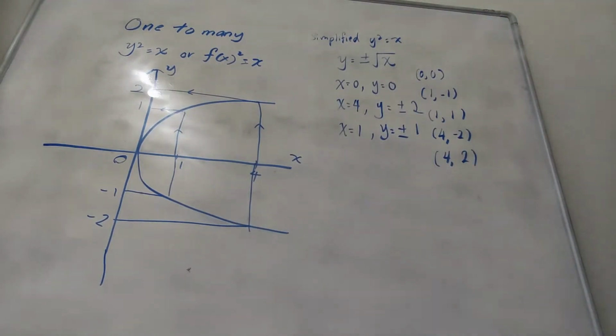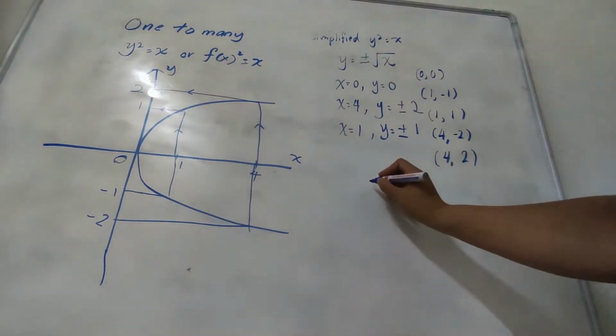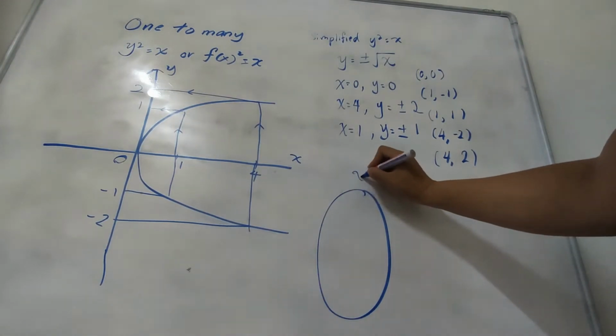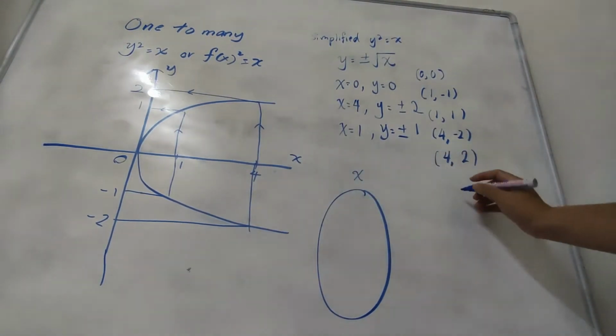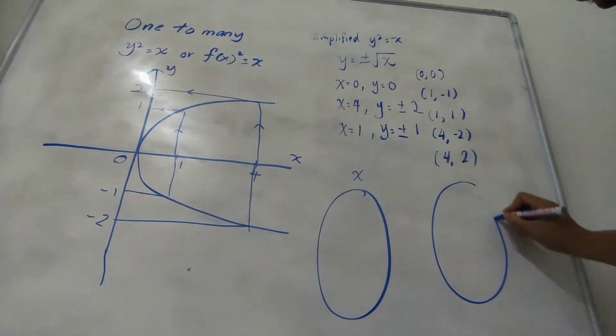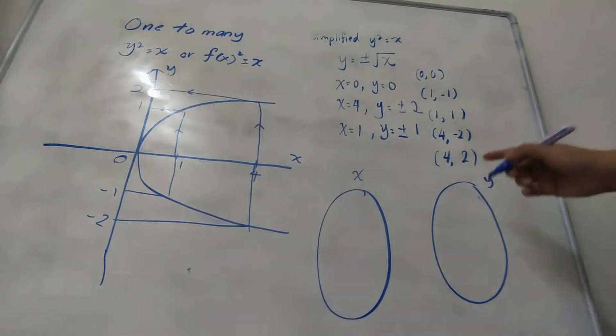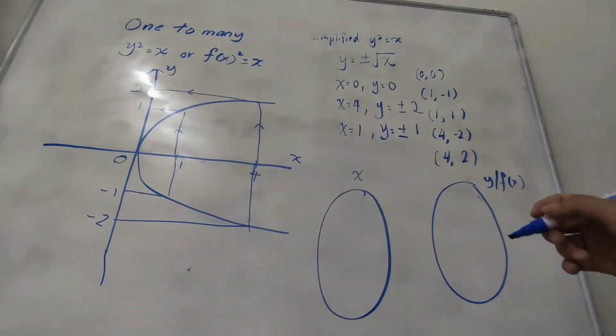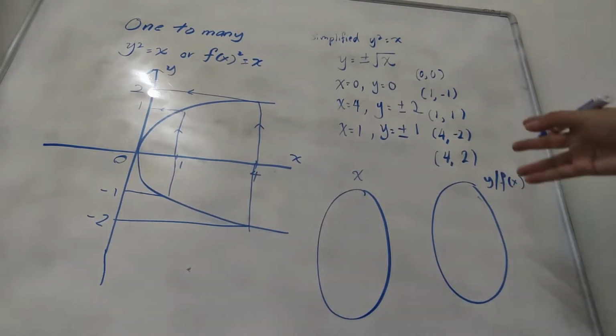And when you try to draw the mapping diagram, how does it look? The mapping diagram looks this way. So you have x here, the object, and then you have y here, the image, also known as f(x). Okay, so just put in all the numbers.